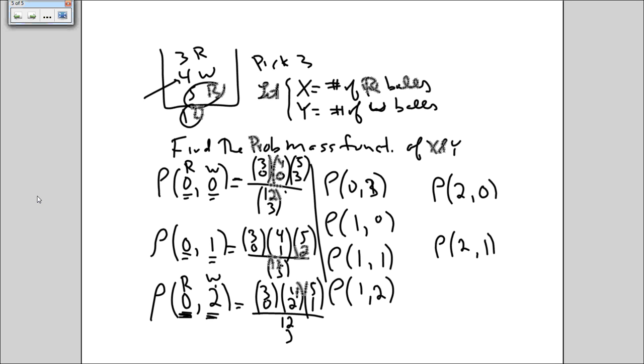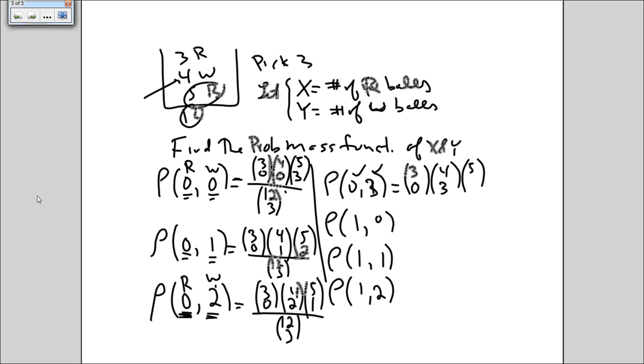And this is 12, choose 3. This one, we're going to pick some from the red, some from the 4 whites, some from the 5 blues. 0 reds, 3 whites. We already picked 3 balls, so we don't have to pick any from the blues. And this is over 12, choose 3.